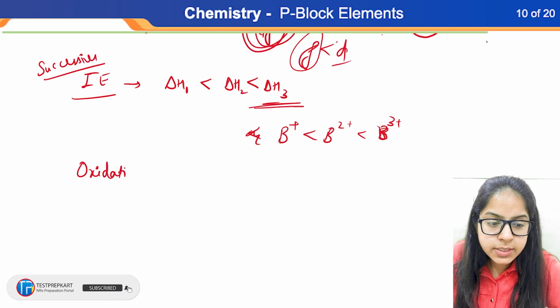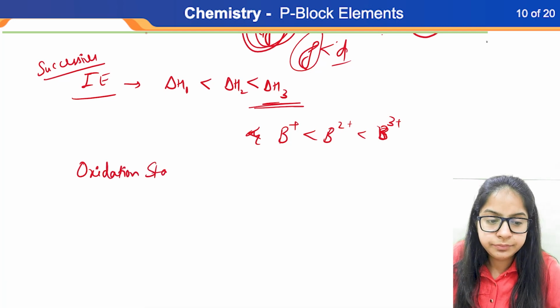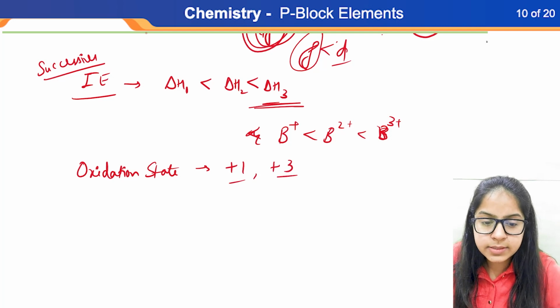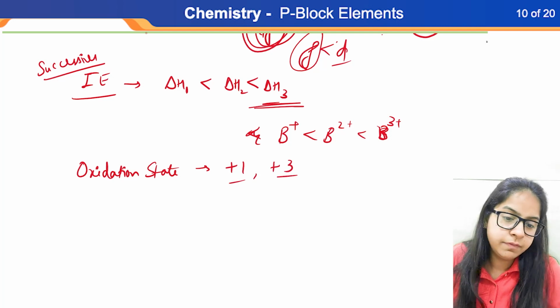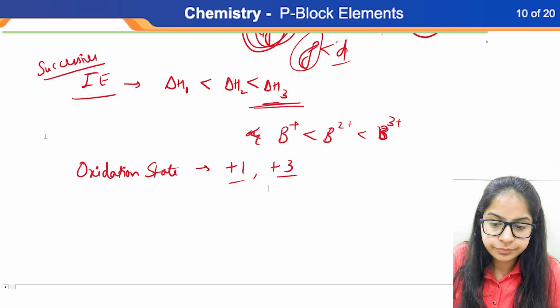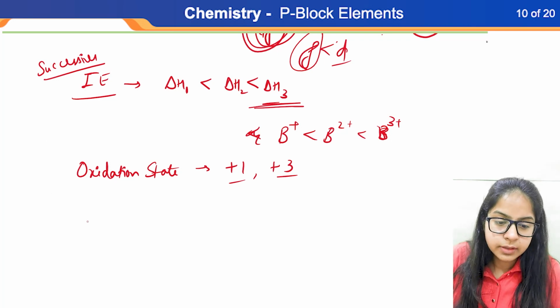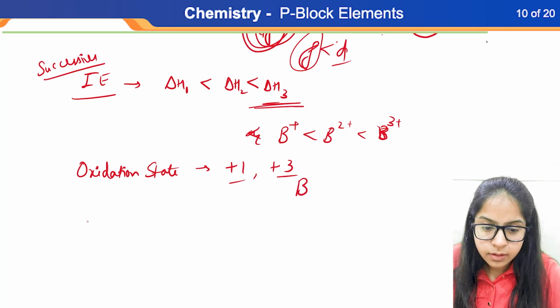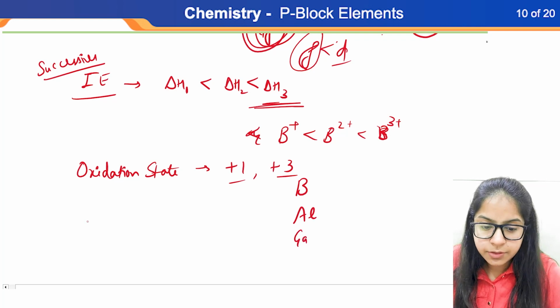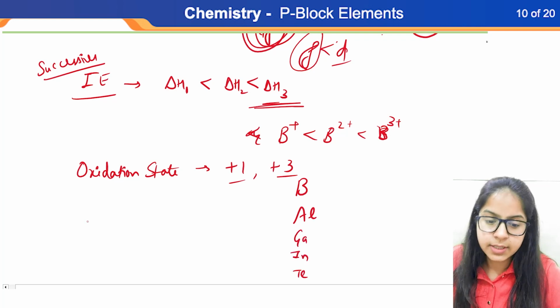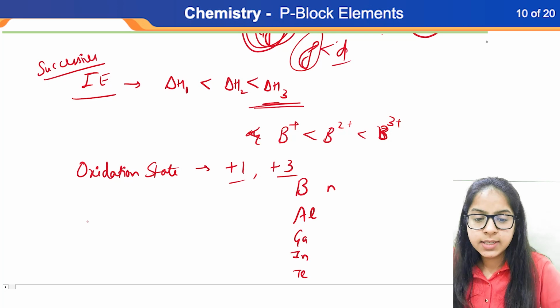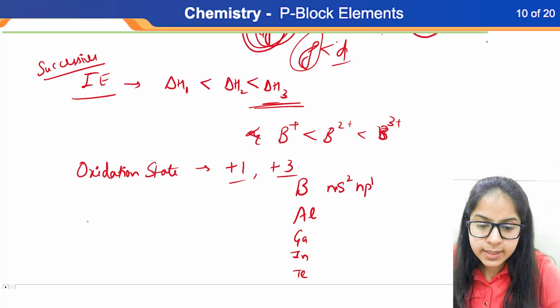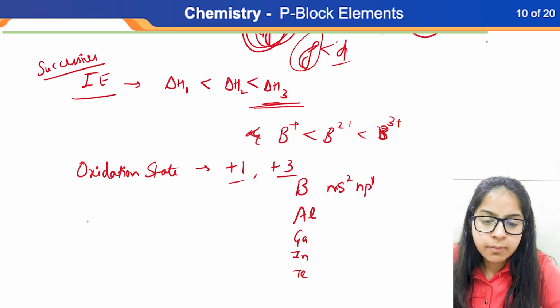Now, the oxidation state of the elements is +1 and +3. Okay, +1 and +3. Why is it +1 and +3? Because, see, if I'm going to tell you what the oxidation state should be, oxidation state is the number of electrons that can easily participate in the bonding.